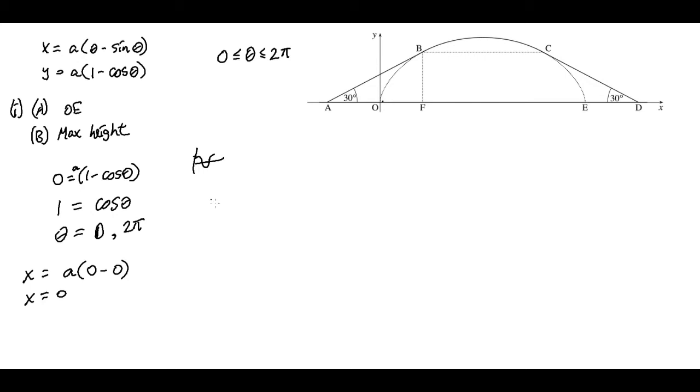So x will be equal to a times 2 pi minus sine of 2 pi, which is also 0, and therefore the x coordinate is 2a pi. So OE as a distance is just 2a pi subtract 0, which gives you 2a pi. So that's part A.